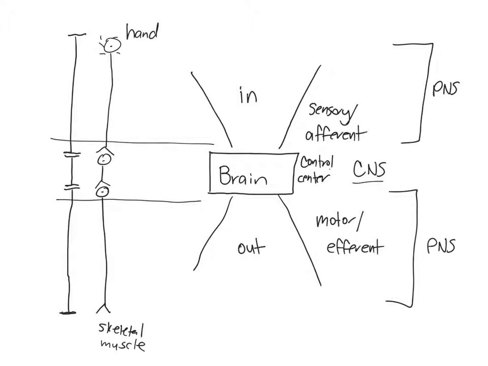So you could say that in order to qualify as an interneuron, you need to spend all of your geography in the central nervous system. Anything that does anything else is classified as a peripheral nervous system neuron.